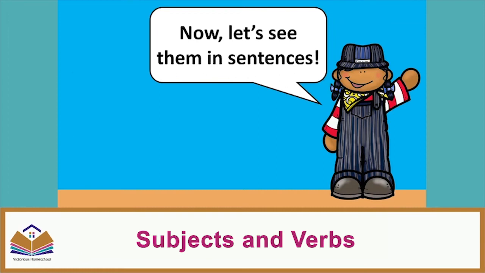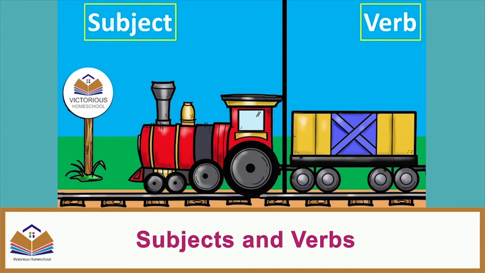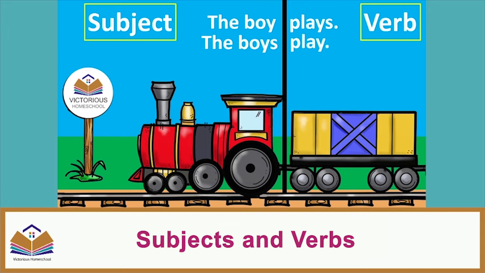Now let's see them in sentences. Ta-da! The boy plays. See, you have a singular subject and a singular verb. But if you say the boys, you have to use the word play. See?